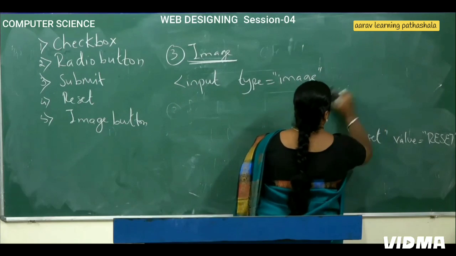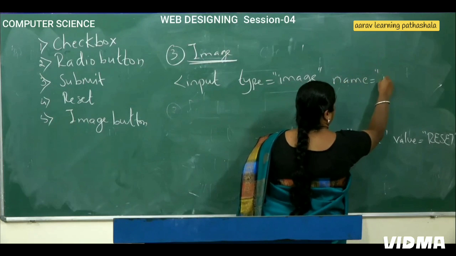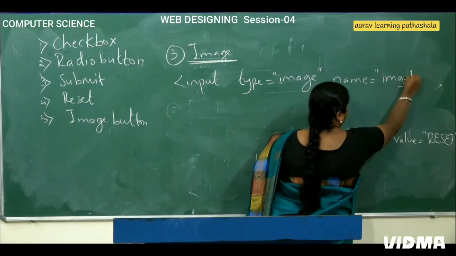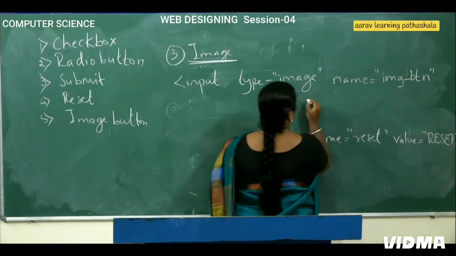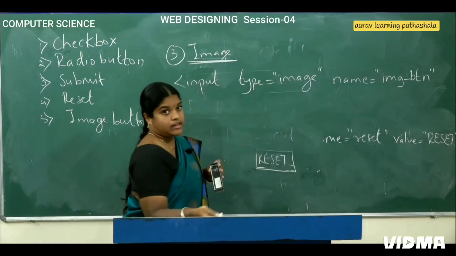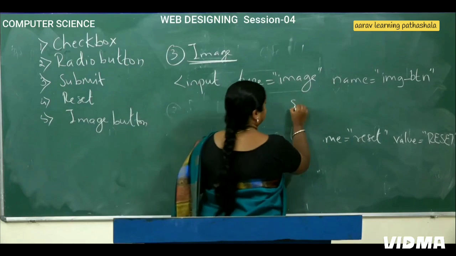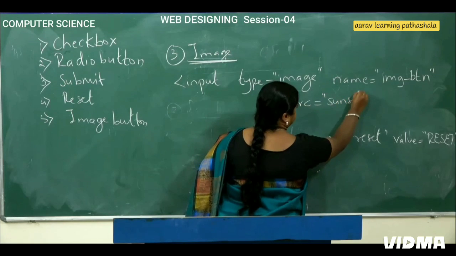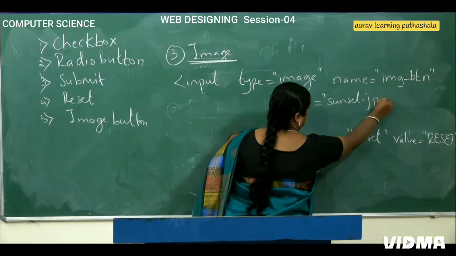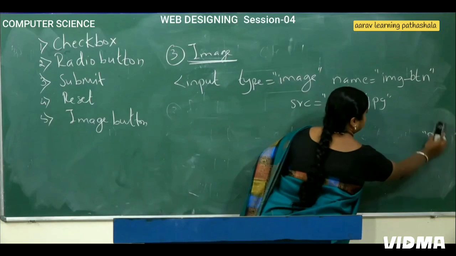You specify the name here for that particular control. Name is equal to, suppose I say img underscore btn, and here as we are going to take an image for a particular button, we have to specify the source. src is equal to, suppose I say sunset.jpg. So this is how it will work.